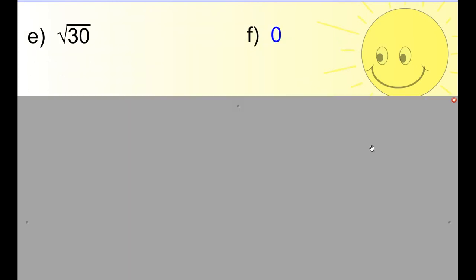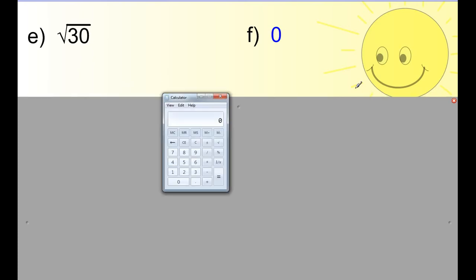Next page. Now here we have some uglier numbers. We have square root of 30, and we'll get to that 0 in a second. So let's look at this square root of 30. If we would take the square root of it, well, let's go ahead and find ourselves a calculator. There we go.